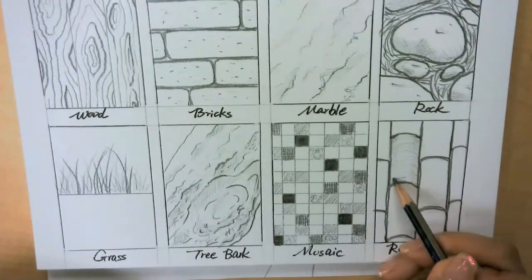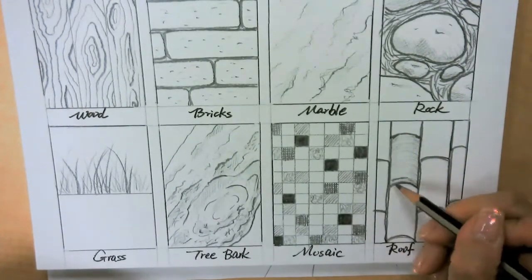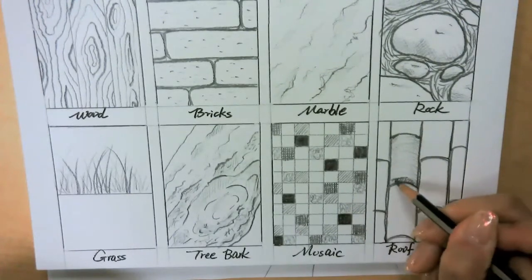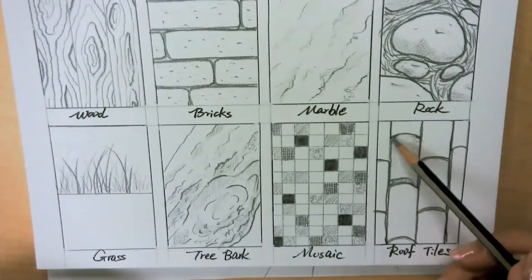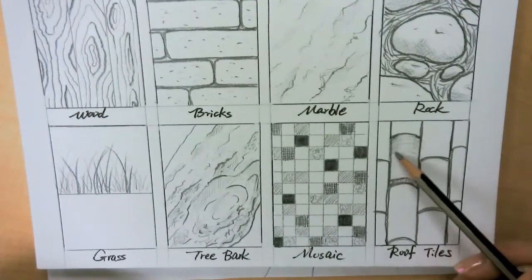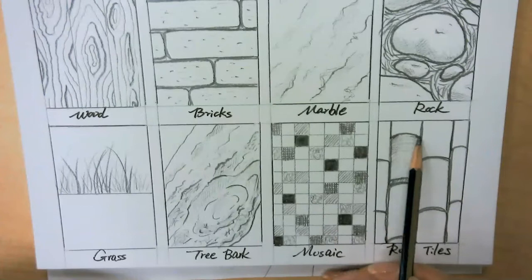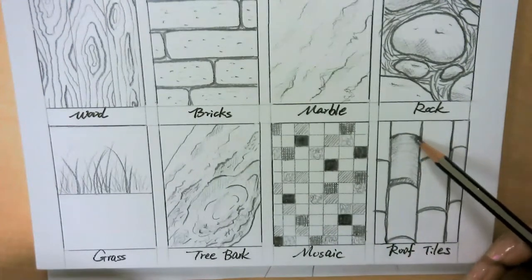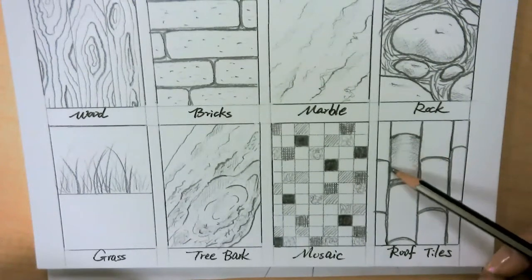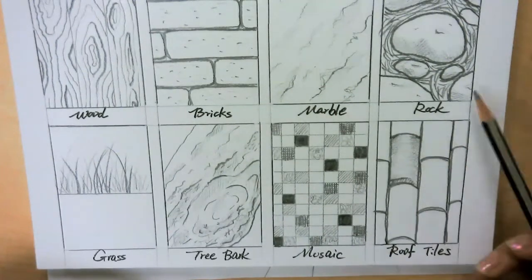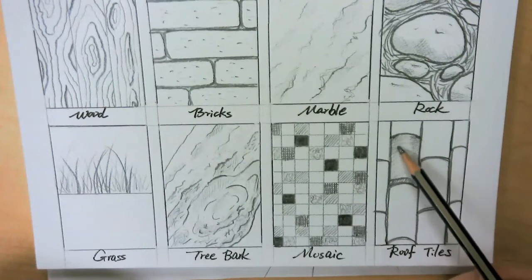Try to use hatching lines to add value to both sides. And also on the side view of the tile we make some texture. We just do each of them one by one with hatching and close hatching lines to add value, bringing the form round.